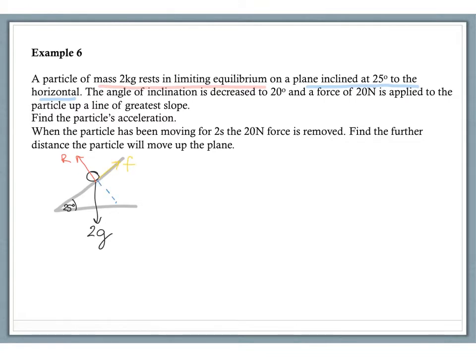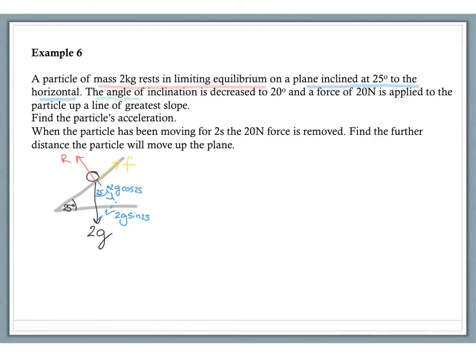Let's put in those two components, and again, as always, we know this angle is the same as the angle of the slope, 25 degrees. Let's fill in the components, so 2g sine 25, opposite the 25 degrees, 2g cos 25 degrees. So that's the initial state of affairs.